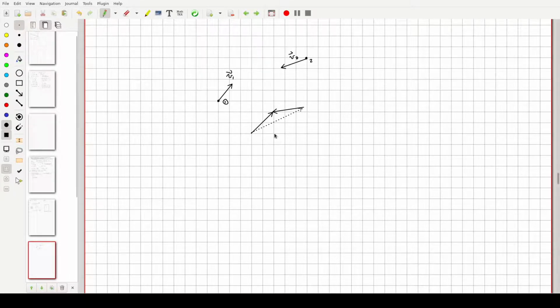Now, we call this a relative velocity, and this is what we're interested in. So if this is V2 and this is V1 right here, really V_rel is what you get when you subtract V1 from V2. If you flip V2 around, make it negative, then this plus this would equal this.